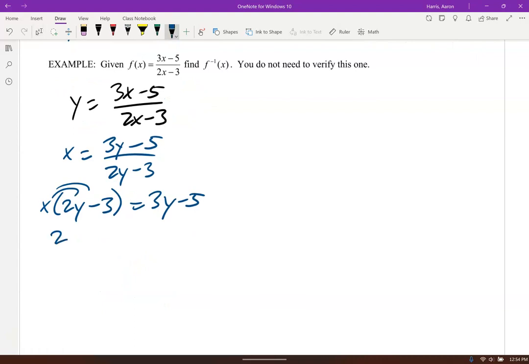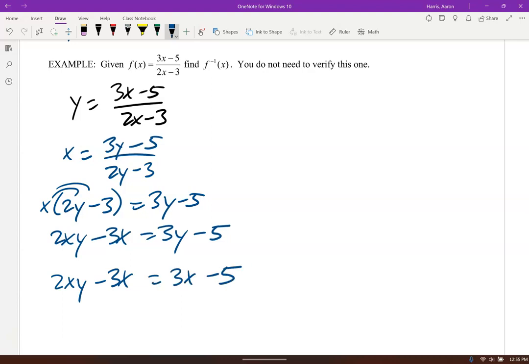Distribute that. Let's get all the y's on one side. So I'm going to subtract 3y from both sides, and I'm going to add 3x to both sides. So I have 2xy minus 3y, I don't know why I keep doing that, equals, and I add 3x to both sides, 3x minus 5.